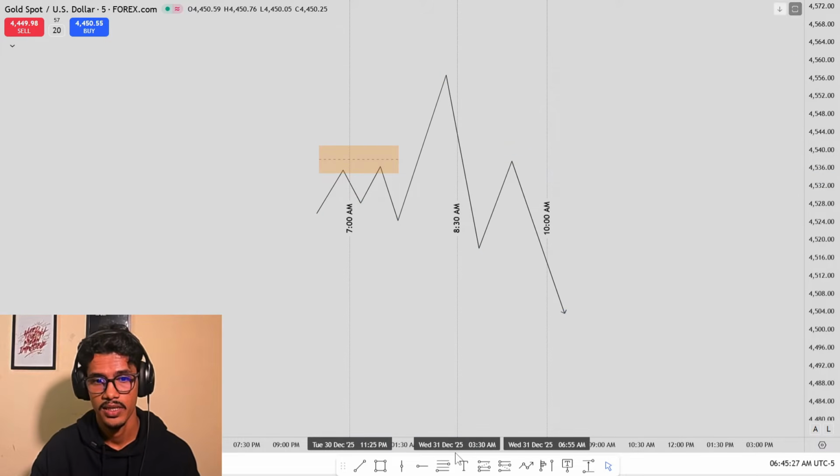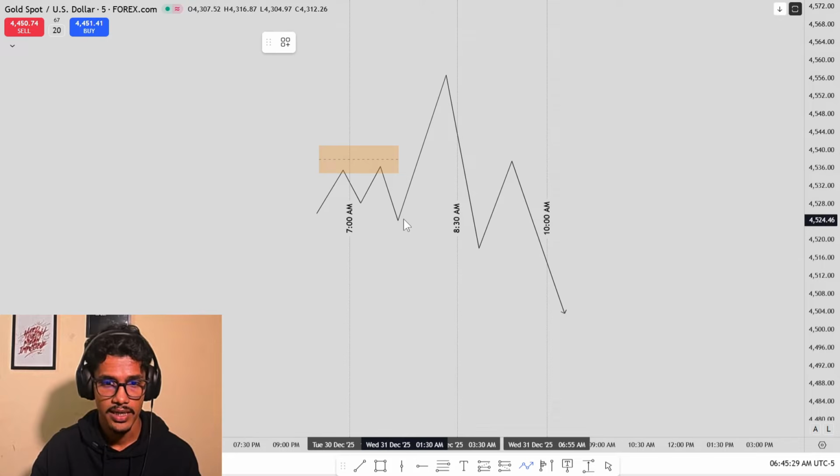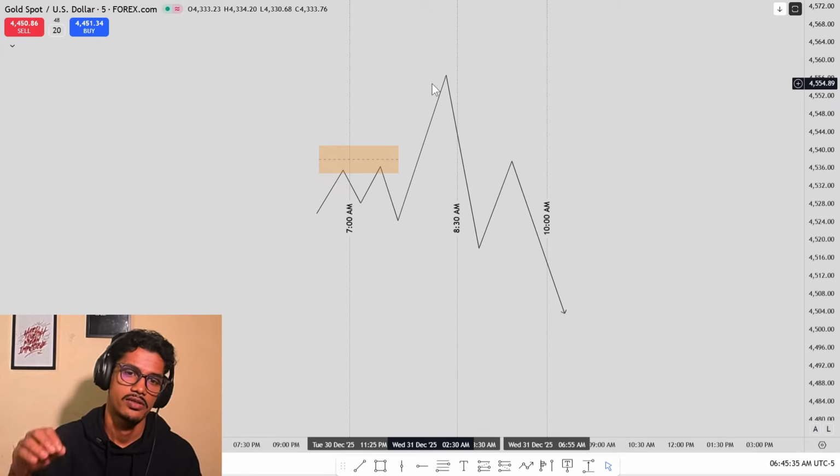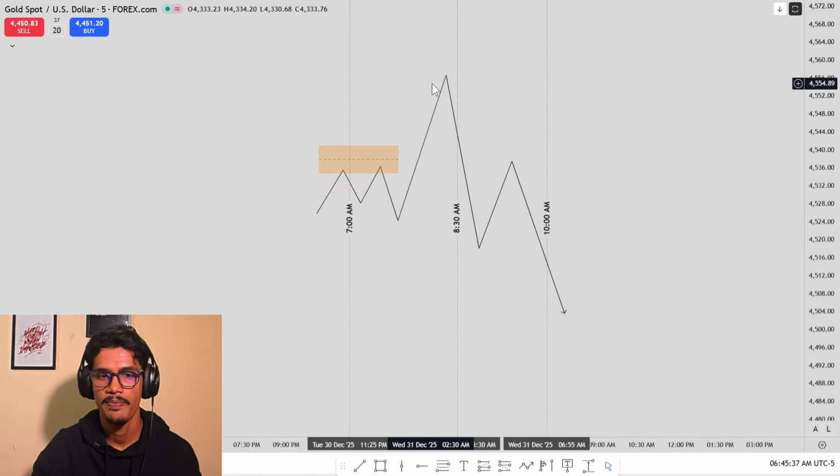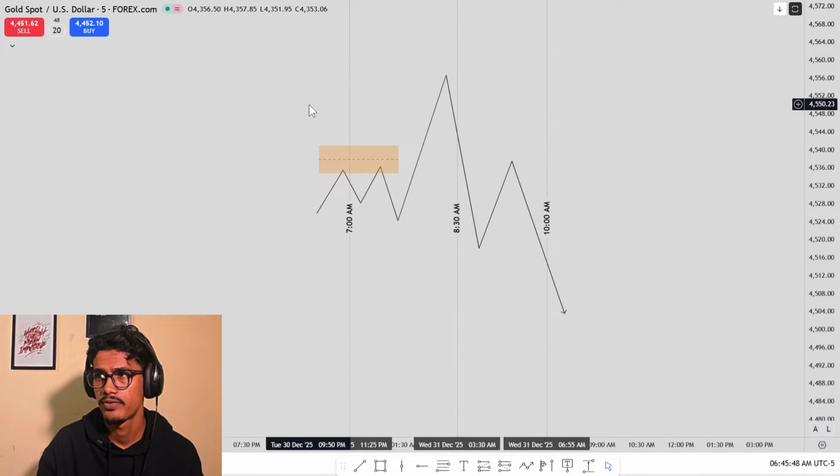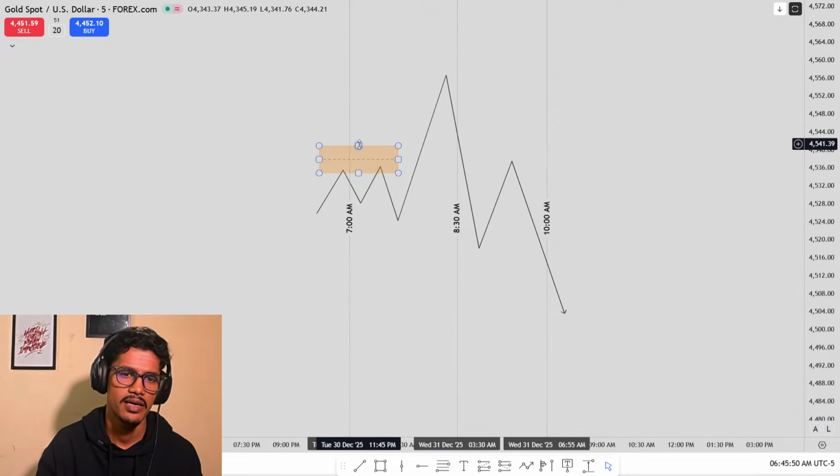Now it's got to do that with cleaner price, like I would say maybe 3 or 4 up-close candles on the 5-minute or on the 15-minute time frame. You don't have to use the 1-hour or 4-hour time frame. This is more like an intraday strategy. It's going to take you about 20 to 30 minutes to trade this strategy.